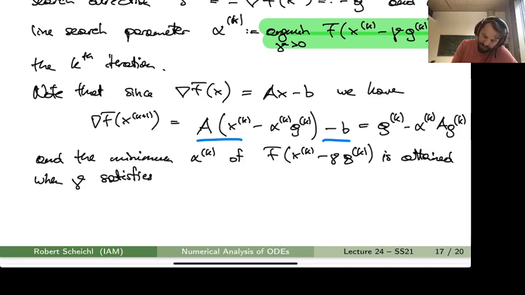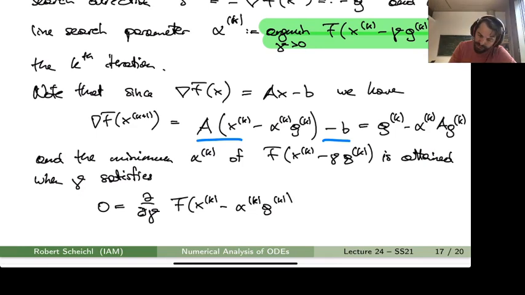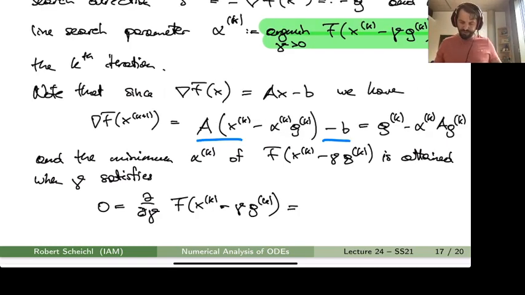So we have to have 0 is d by d gamma of f of xk minus gamma gk, which, using the chain rule, is minus the Euclidean inner product of grad f evaluated at xk minus gamma gk with inner derivative gk.